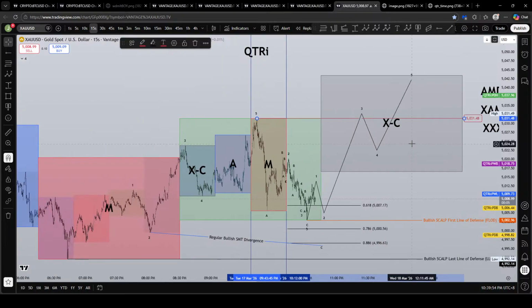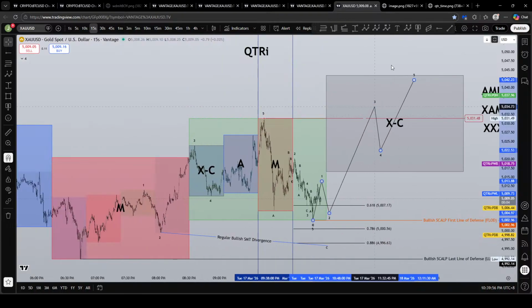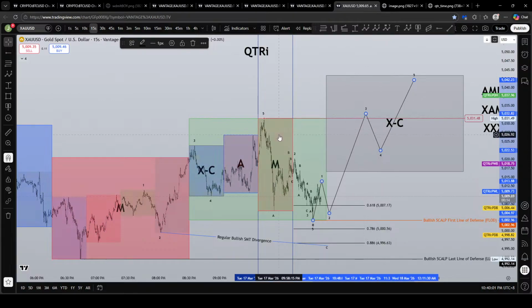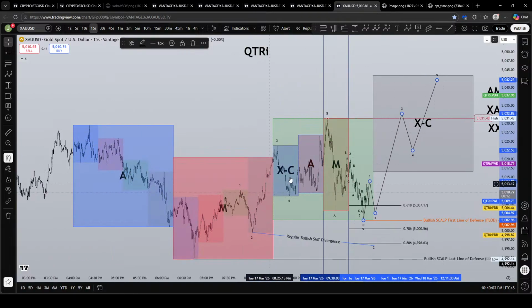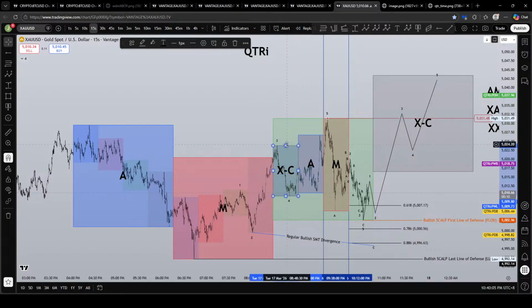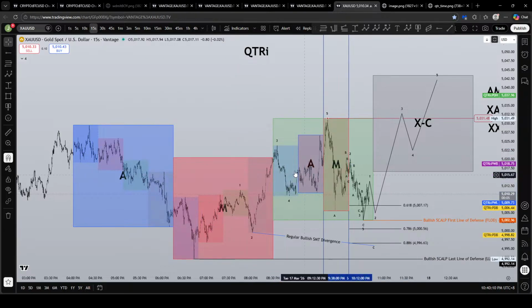But it can go beyond if ever this wave 3 becomes impulsive. But for now, this will be the conservative target for an AMDX structure.